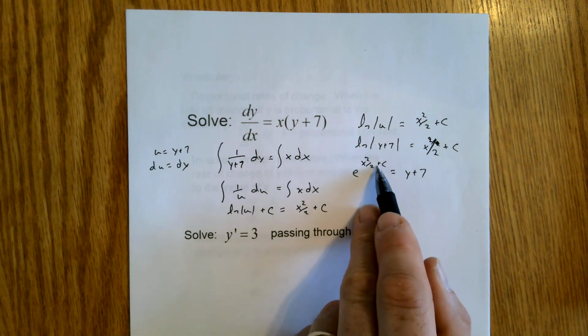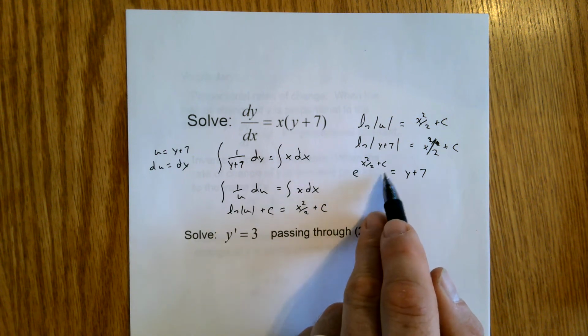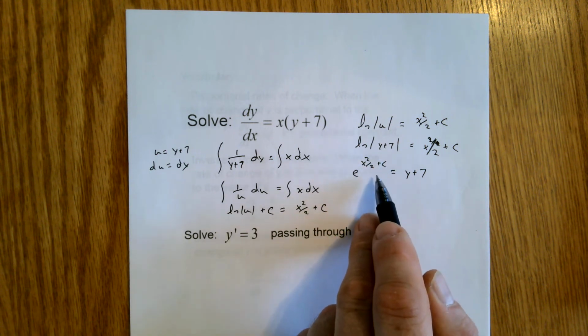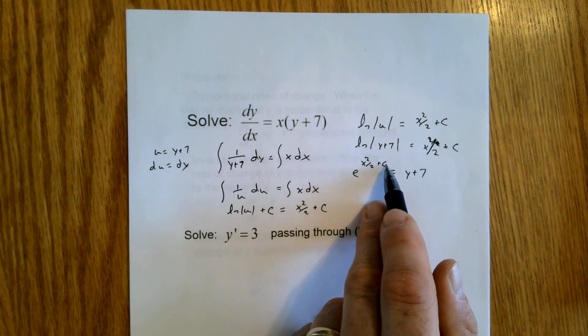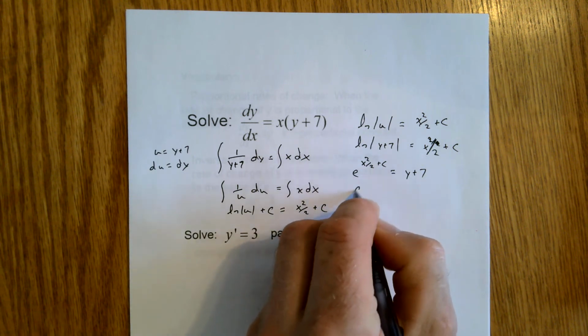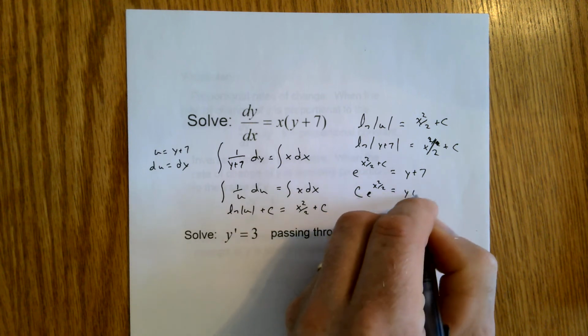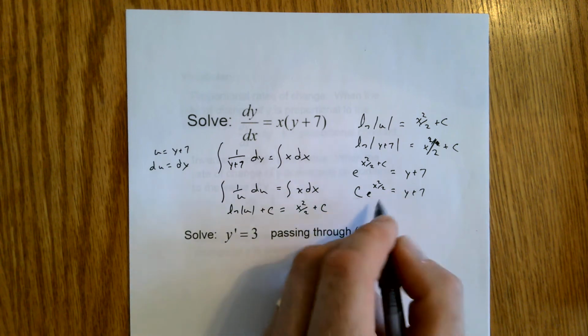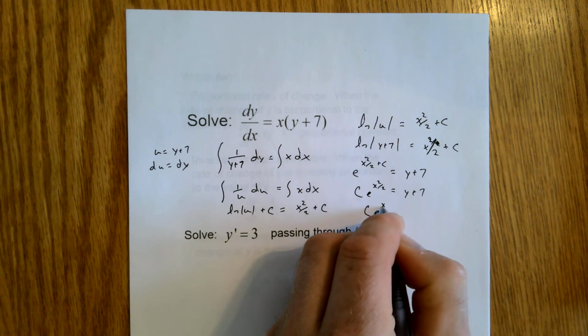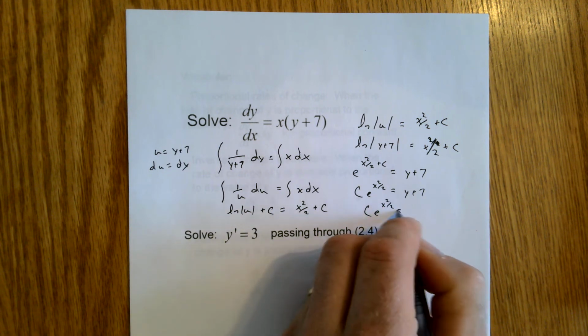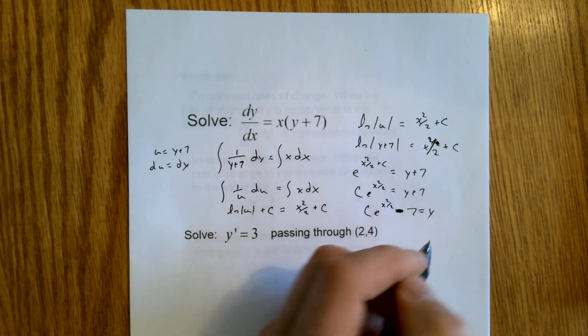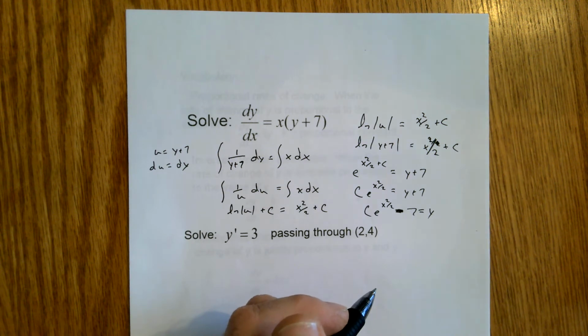This c, again, I can break this up, but I'm going to end up with a times e to the c, and e to the c is just a c, so I get c e to the x squared over 2 equals y plus 7. And then I can go ahead and subtract my 7, so I get c e to the x squared over 2 minus 7 is going to equal y. And that's going to be my simplified form.